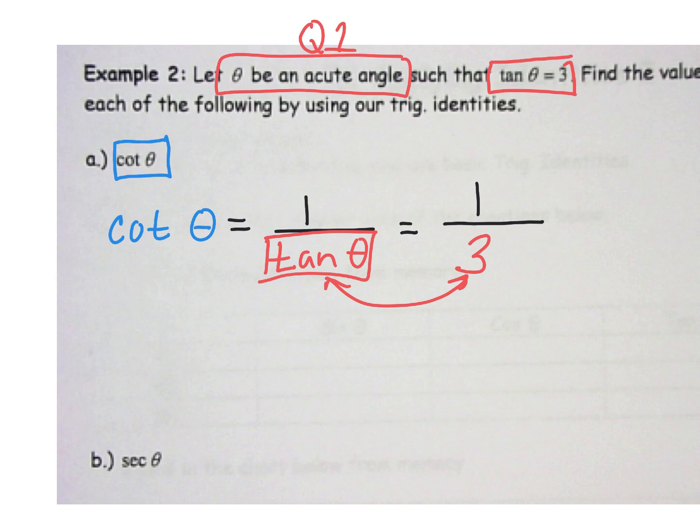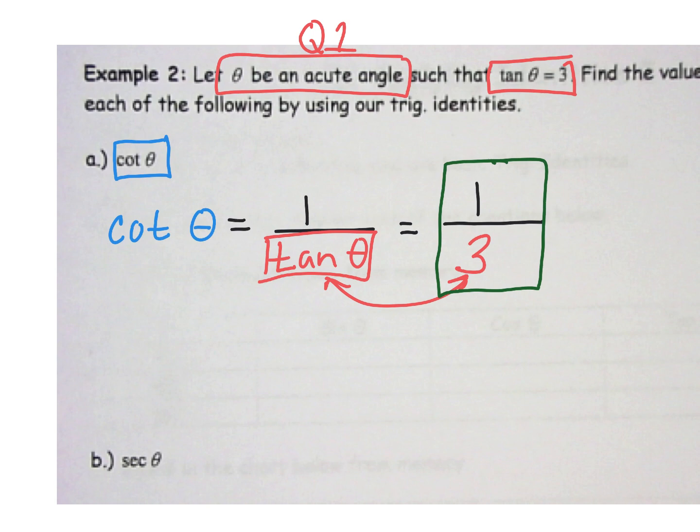So again, what we want to do is we now know 2 things. Once you work out the first part, you're allowed to use it. We also know now that cotangent is a third. So when we think about secant, we're trying to find a formula that either relates secant and cotangent or secant and tangent.